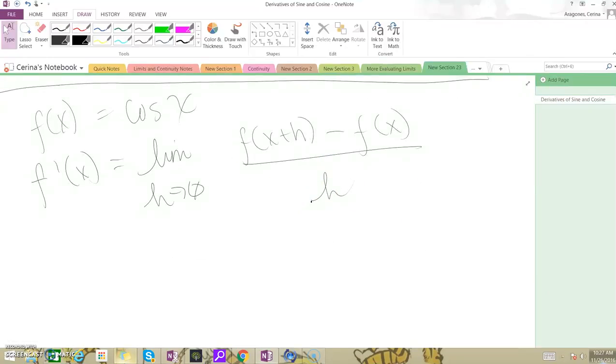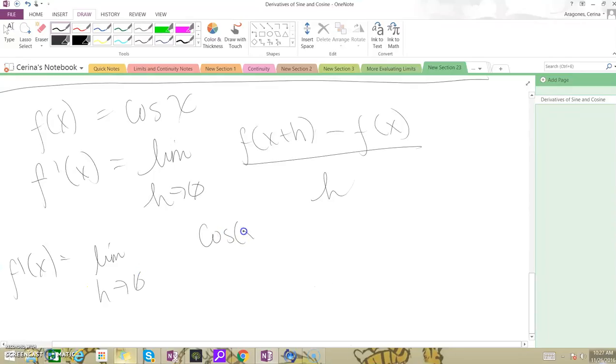Let me do this for you really quickly. My advice is you try to do this on your own. Again, we're going to use the sum difference formulas and the two limits we talked about earlier. So we know that f prime of x is equal to the limit as h approaches 0 of cosine of x plus h minus cosine of x all over h.